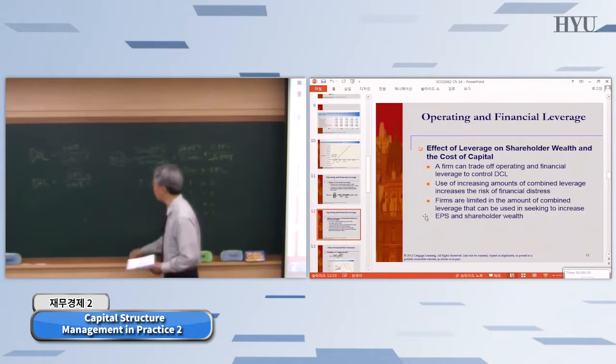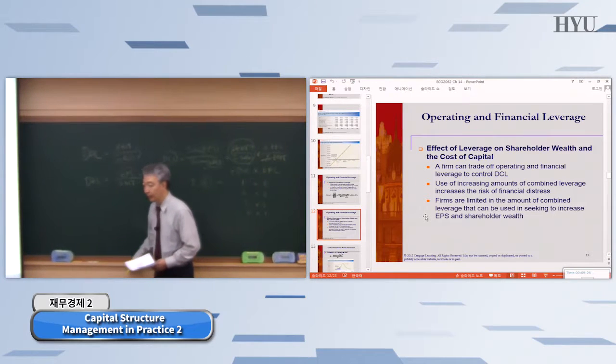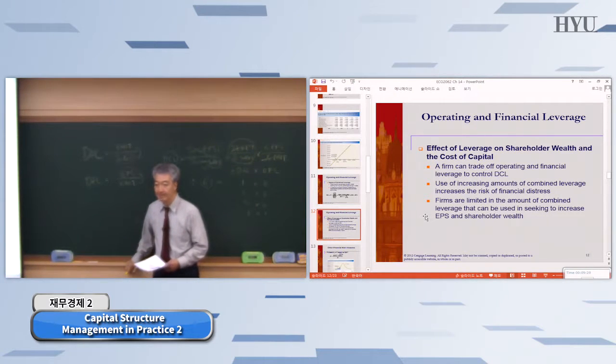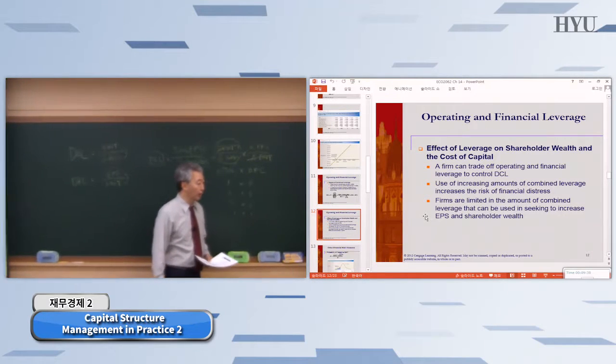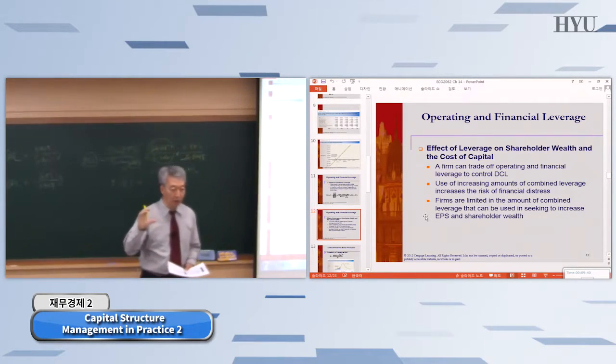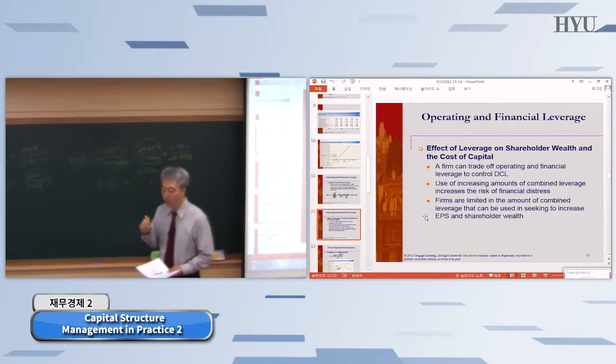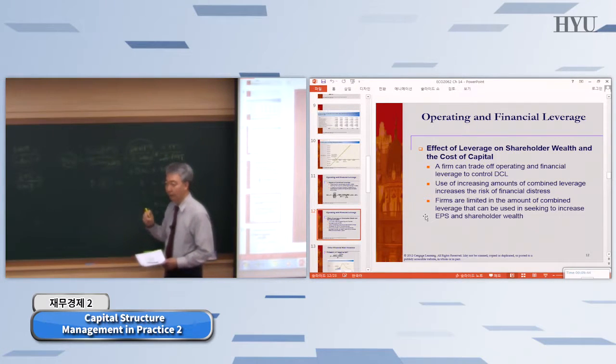Think about DOL. When you have higher DOL, what fluctuates? EBIT fluctuates by a larger amount for a given level of sales fluctuation, right?